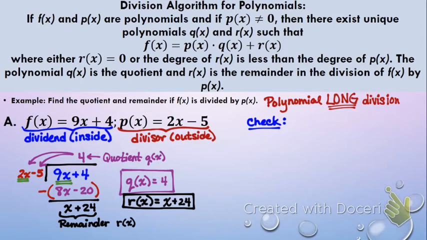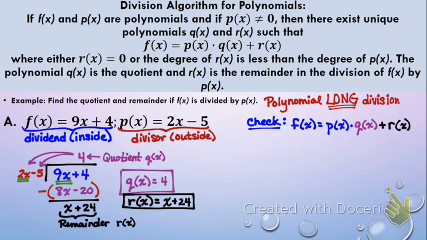Our division algorithm says that that original function f of x is equal to my divisor, p of x, times my quotient, q of x, plus my remainder, r of x. So if I substitute in the polynomials that I have for p of x, q of x, and r of x, I can multiply and combine like terms and make sure that I get my original function back.